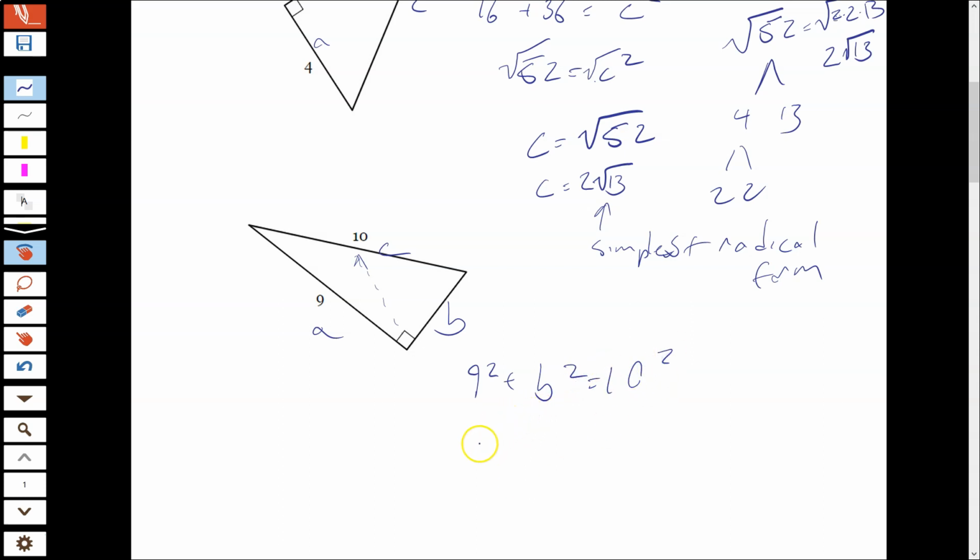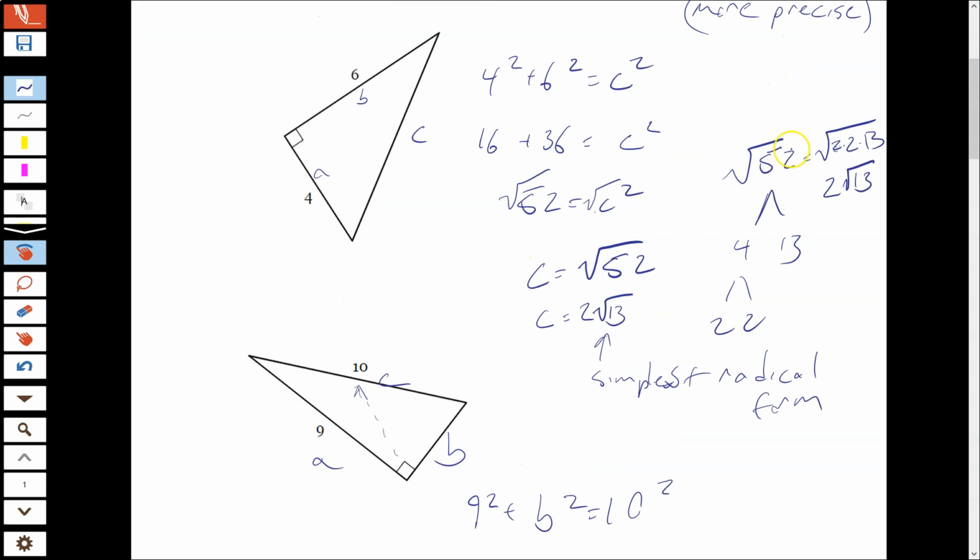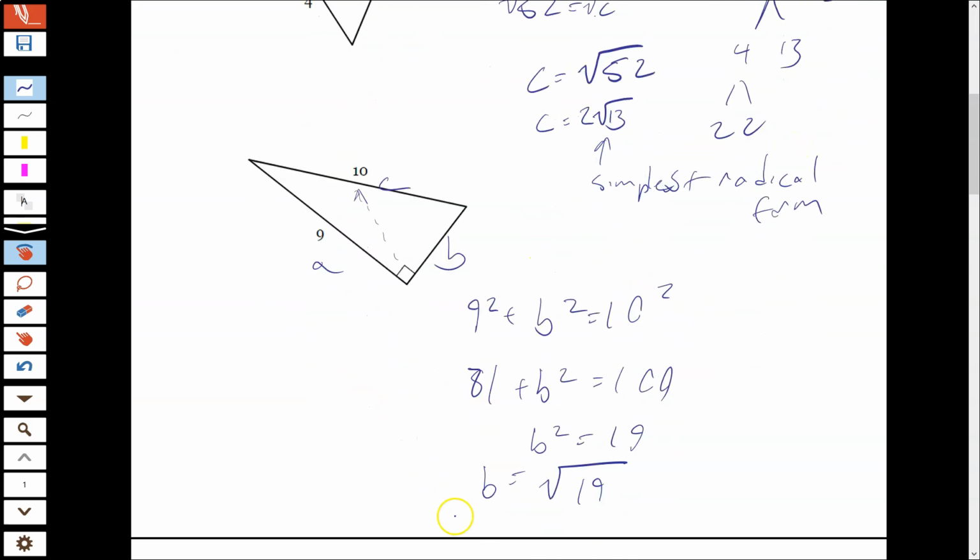And that gives me 81 plus B squared equals 100. And then I'm going to subtract 81 on both sides, and then take the square root on both sides, which gives me the square root of 19. 19 is a prime number, meaning it does not factor, so I cannot simplify it like I did up here. So in this case, this is simplest radical form. We're done.